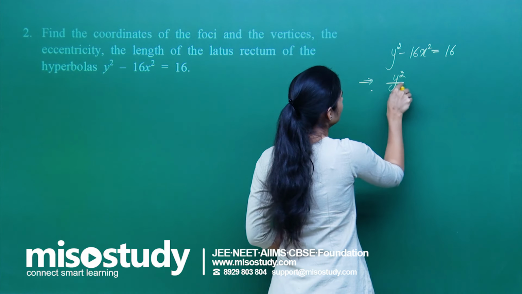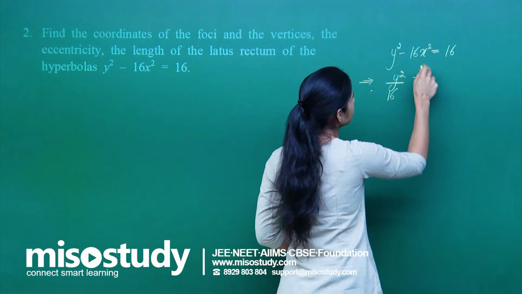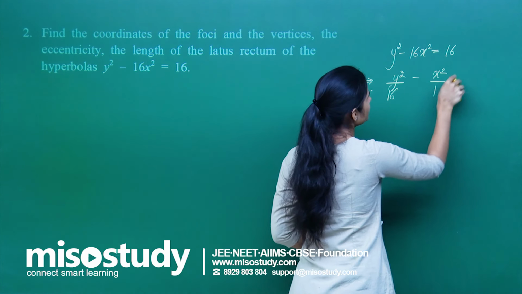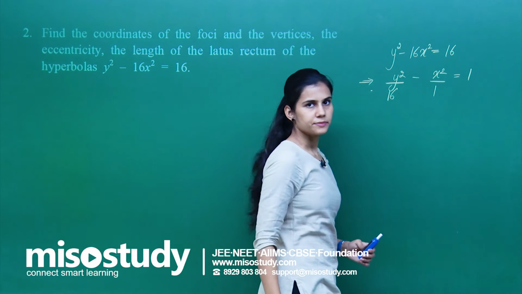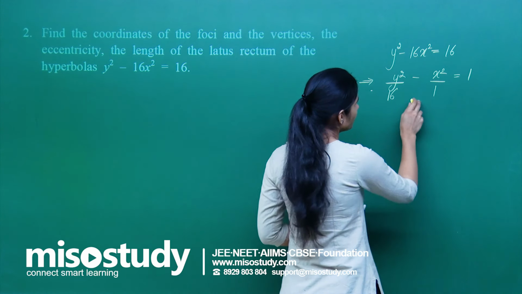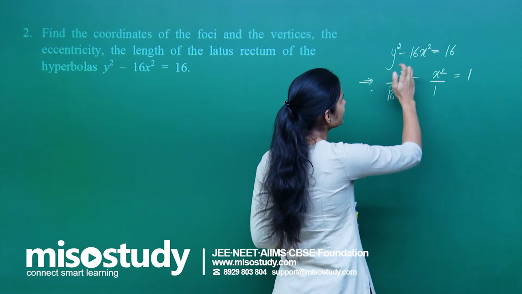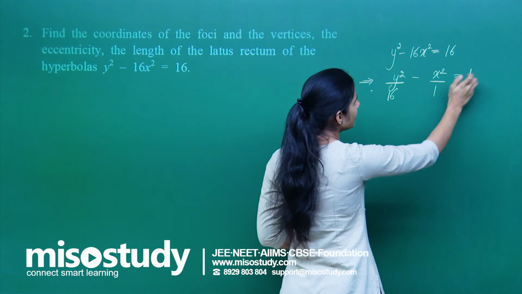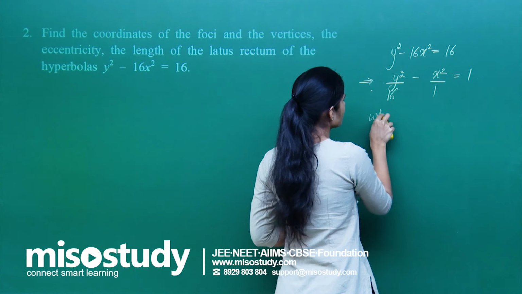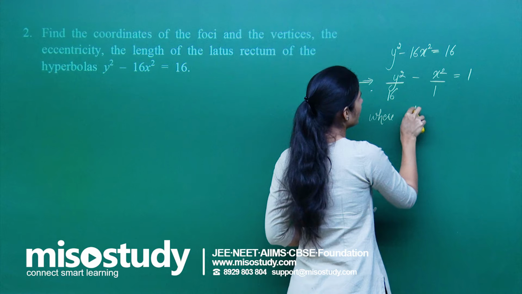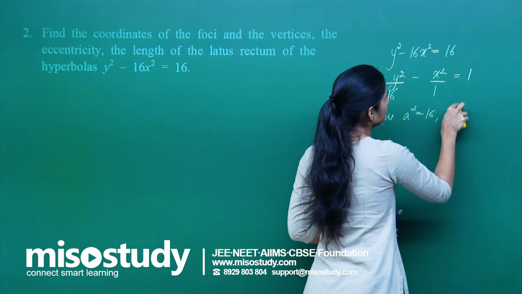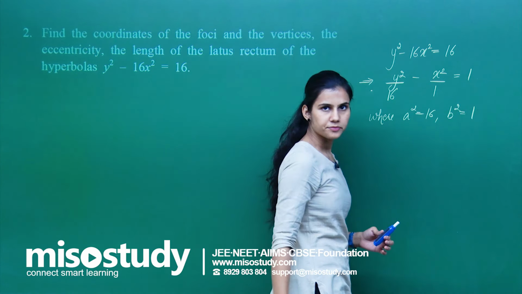You will be getting y²/16 - 16x²/16, so it is x²/1 = 1, which resembles the standard form y²/a² - x²/b² = 1. So where a² is 16, b² is 1.